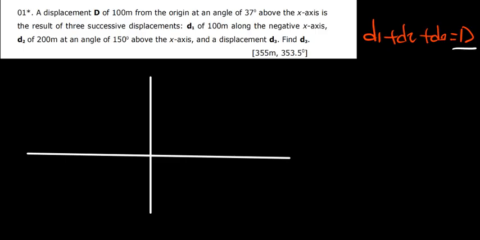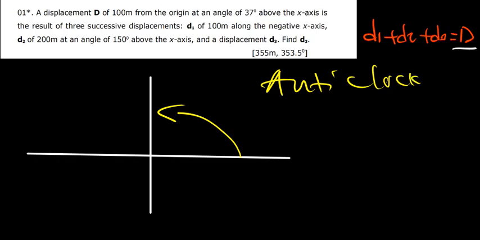Above the x-axis is from the positive x-axis going in this direction. So we are measuring the angles in the anti-clockwise direction. We measure angles under vectors in the anti-clockwise direction.